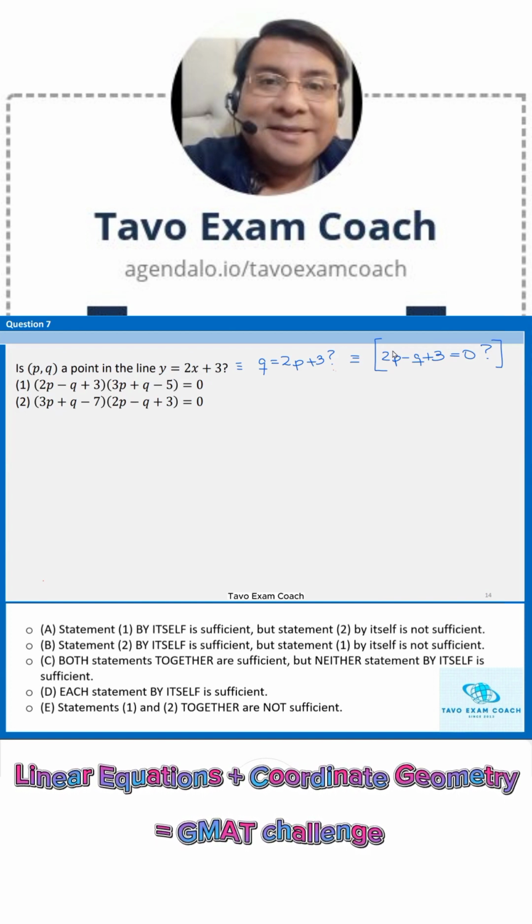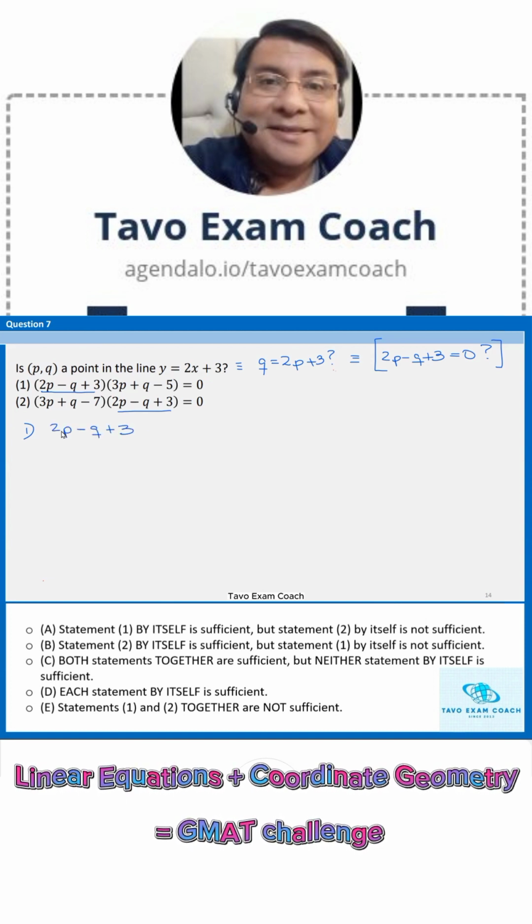Why is this convenient? Well, notice that 2p minus q plus 3, the expression of the equality in the question, appears as a factor in the two statements. So it has to mean something. Let's analyze statement 1. If statement 1 is true, then this factor on the left multiplied by the factor 3p plus q minus 5, and this product yielding 0 means that either factor can be 0.